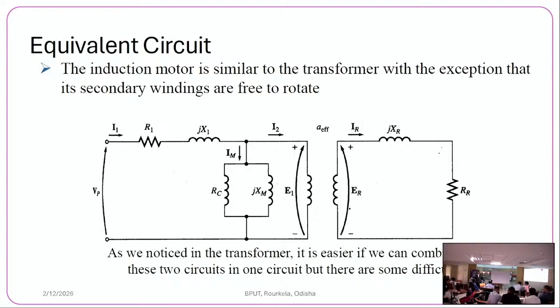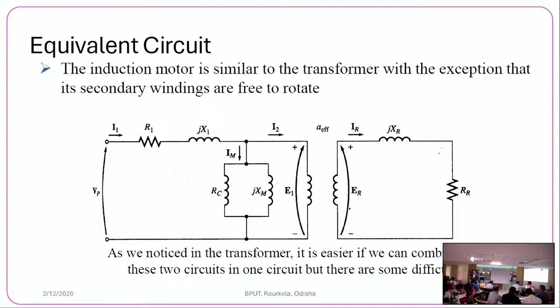In the case of a transformer, both are stationary, that is very important. In the case of induction motor, it is a similar thing. Primary winding means stator, secondary winding means rotor. But here the rotor is rotating. Therefore, frequency is changing.